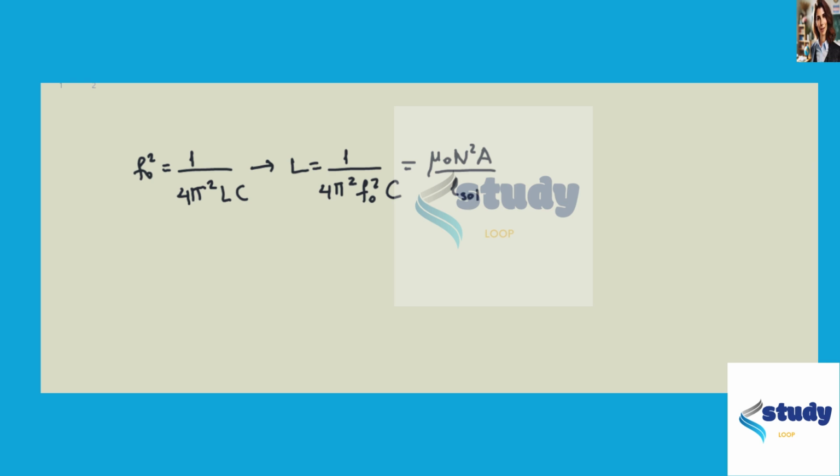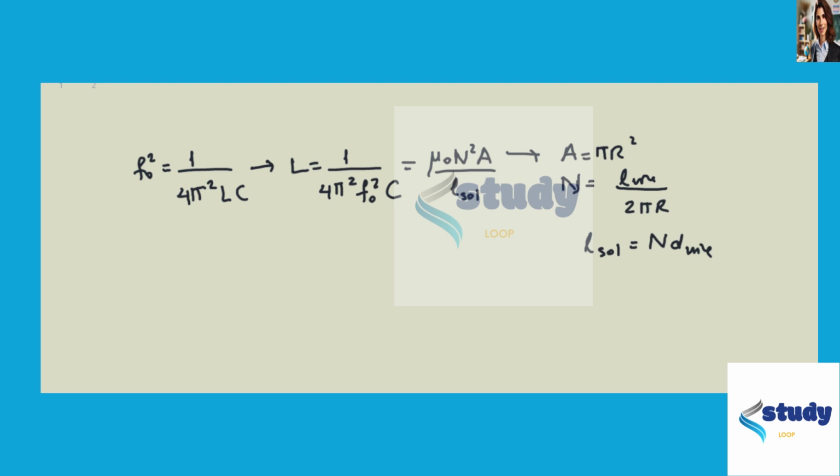The area is pi R squared, n was L wire over 2 pi R, and L solenoid was n times d wire.